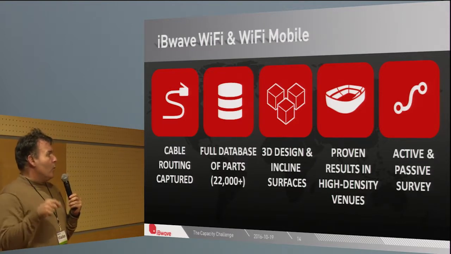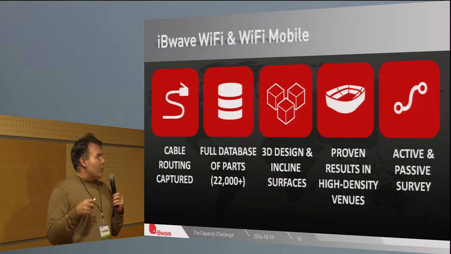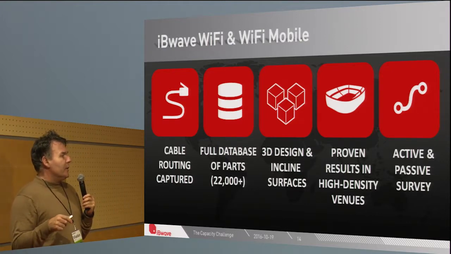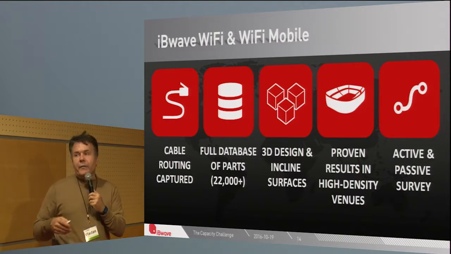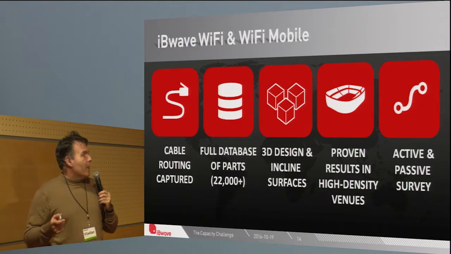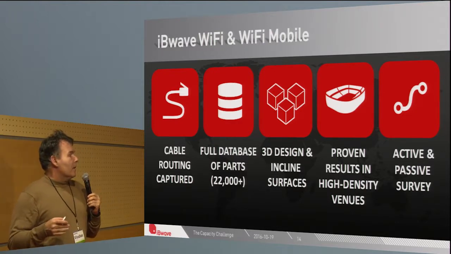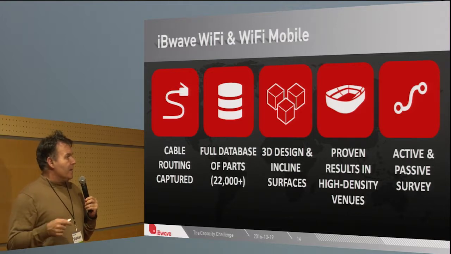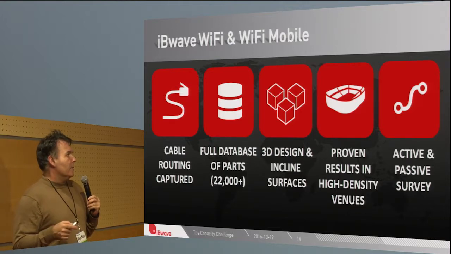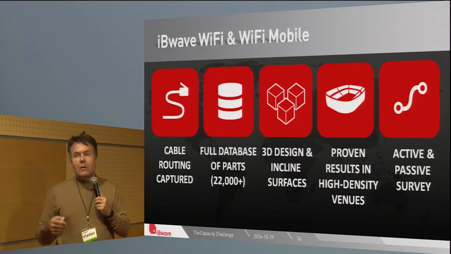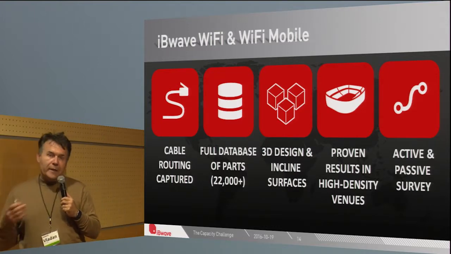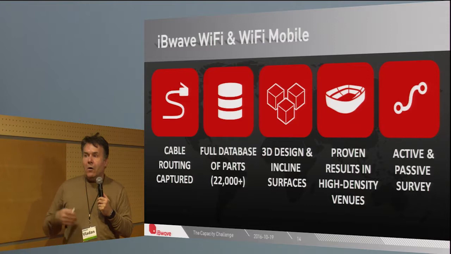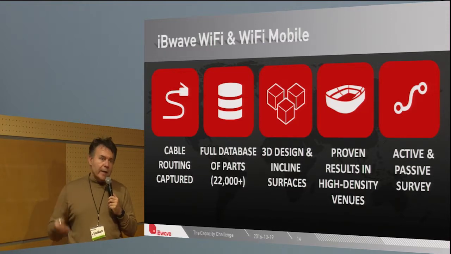It has a full database of 22,000 parts, can do 3D design and inclined surfaces. It has been tested in high-density venues for cellular networks, and it has active and passive survey capabilities. And it can run on a laptop or desktop, and it can run on a tablet. Tablet is the lighter version of it.